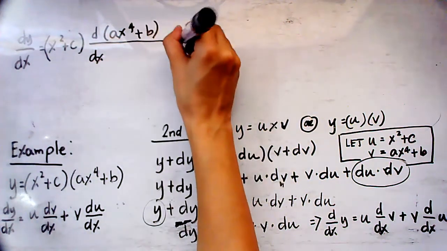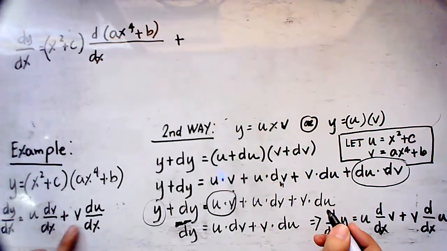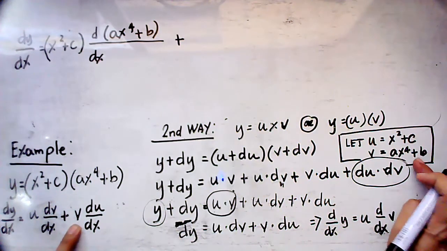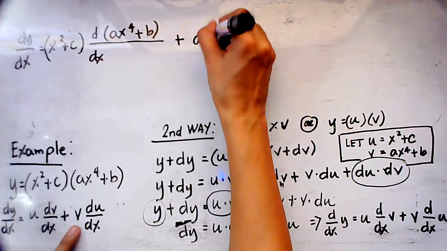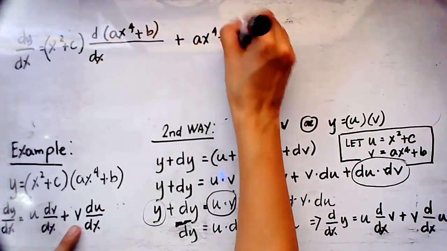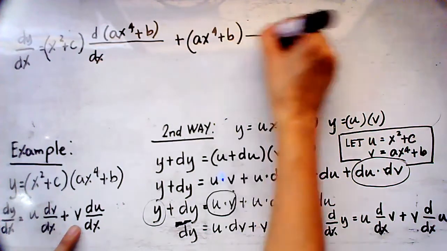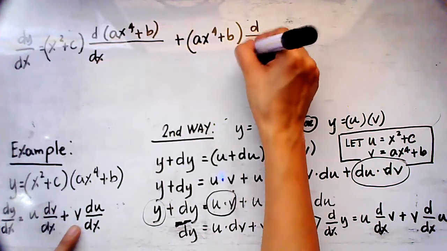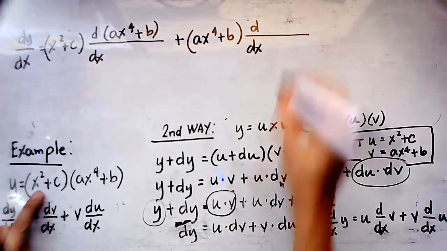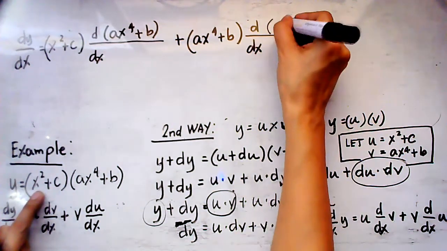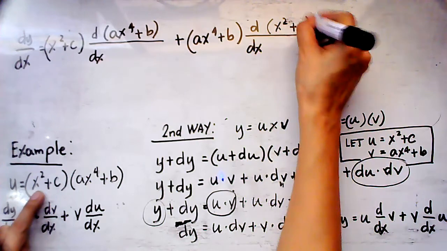Plus, we are going to determine v, ax to the fourth plus b, and then you multiply it by d dx of u, so d dx of x squared plus c.